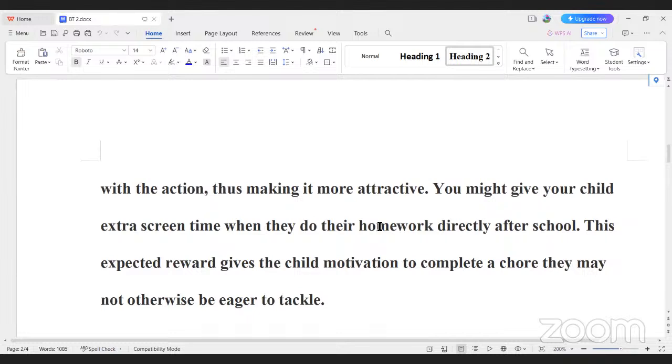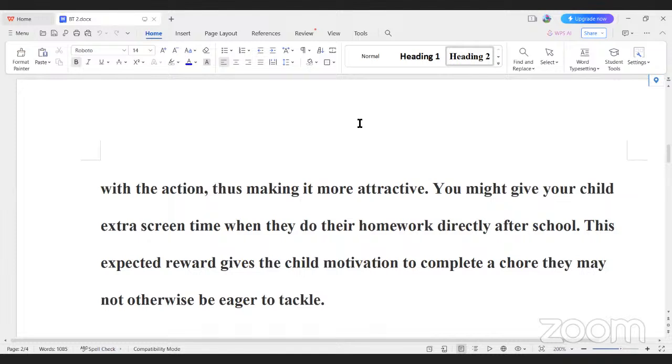Normally, we don't give children screen time, looking at TV or phone. Suppose the child has done homework without anybody's insistence, we will say, okay, I am giving you 15 minutes of screen time. So that will motivate the child to do homework regularly without anybody's insistence.